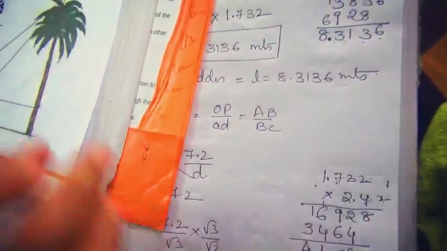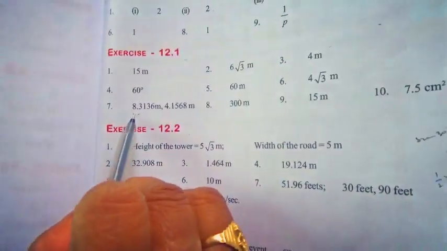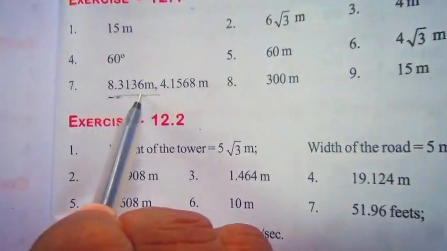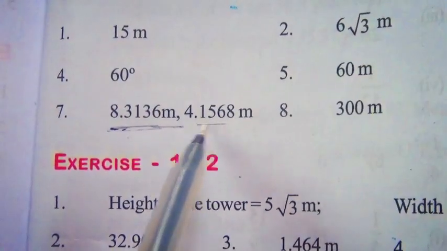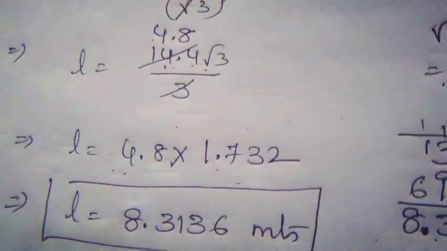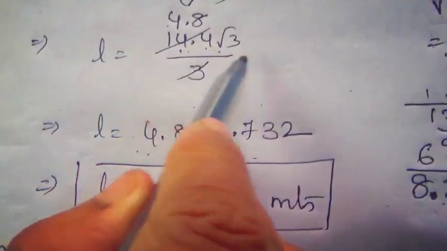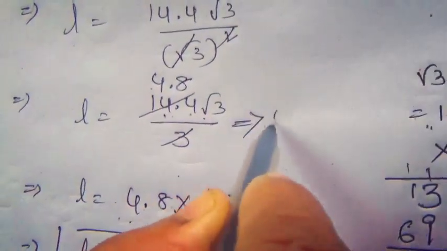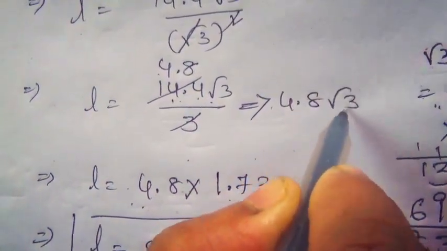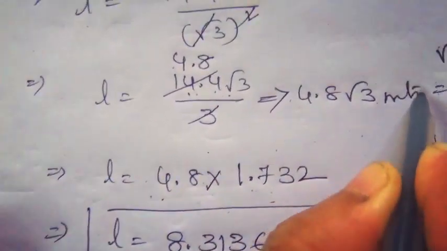Okay, let us check once the answer of this question. Sometimes they used to give points; look here, 8.3136 and 4.1568. For example, if you don't know how to do this multiplication, we just leave it up to here, nothing will happen.